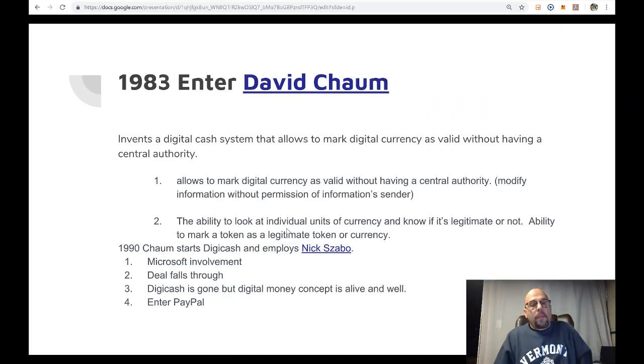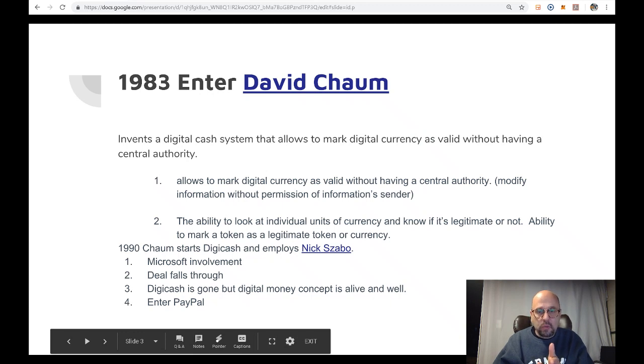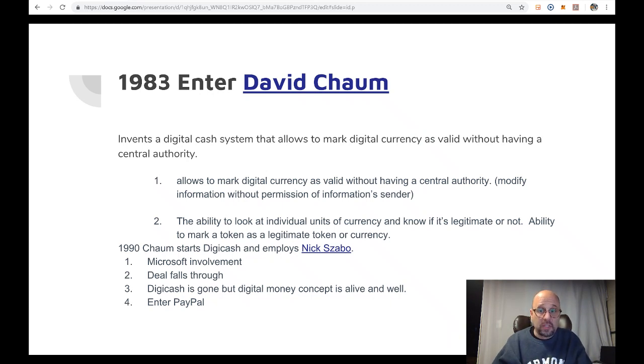And so he invents a digital cash system, and he did this back in 1983. What he was able to do is create a system that would allow you to generate digital currency and mark that digital currency as valid without having to have a central authority to look at every single transaction.